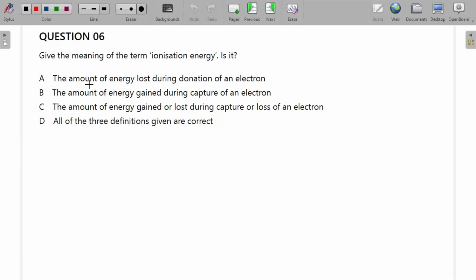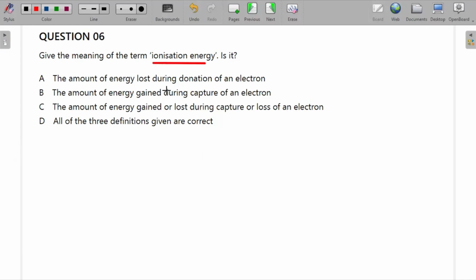Question number 6 says, give the meaning of the term ionization energy. From the definition that we already know, remember we defined ionization energy as the energy required to remove an electron from a gaseous atom. So it involves the loss or removal of electrons.